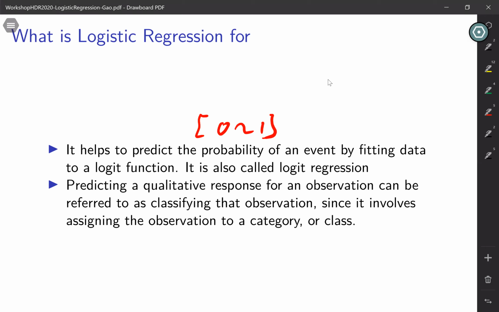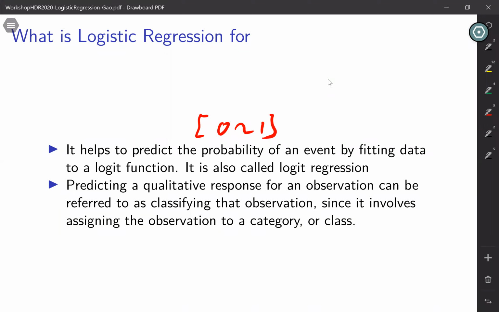And on the other side, in the engineering field, especially in the machine learning field, it's quite common to use logistic regression as a classifier. So you want to do classification. If you have multiple levels of the categorical variable, you just predict the labels of the outcome variable. So this belongs to group 1, this belongs to group 2, and so on and so forth.